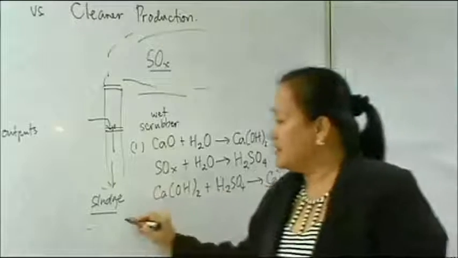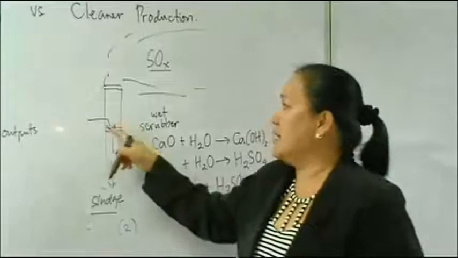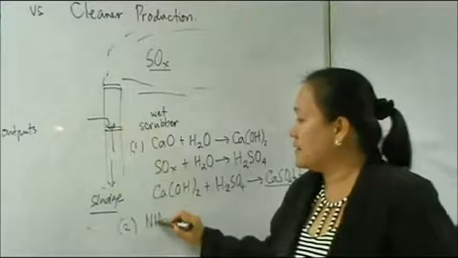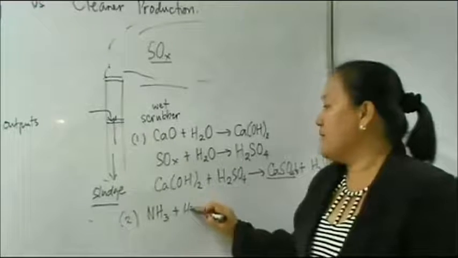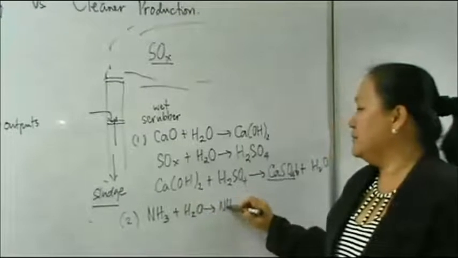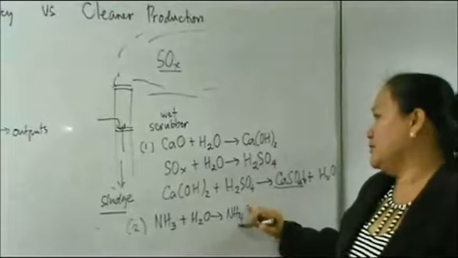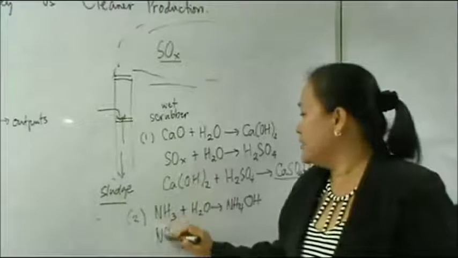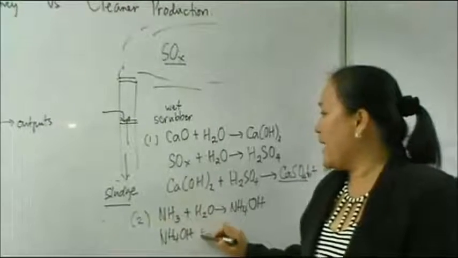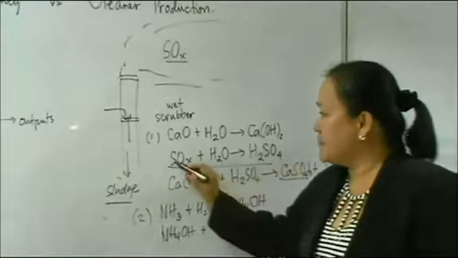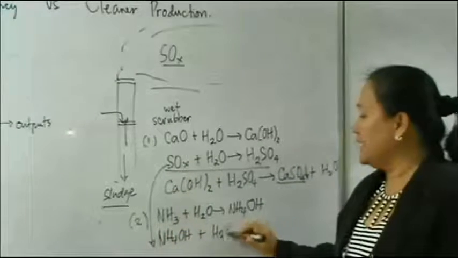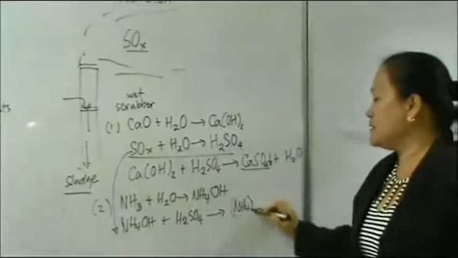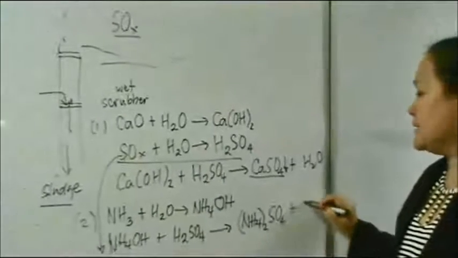You can also make use of another base as a chemical in the wet scrubber. For example, you can make use of ammonia. Ammonia plus water will give you ammonium hydroxide. So, the same reaction, if ammonium hydroxide will be reacting with your sulfuric acid, that would give us ammonium sulfate plus water.